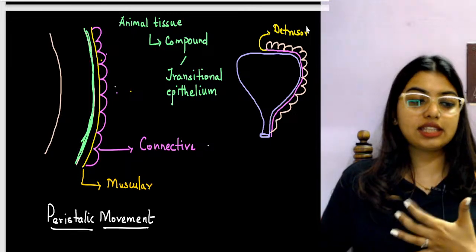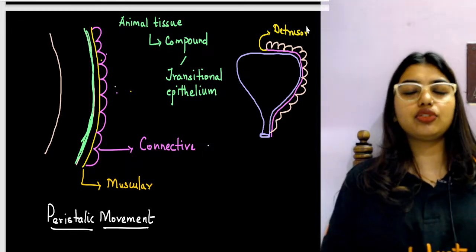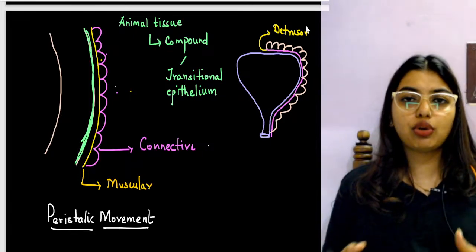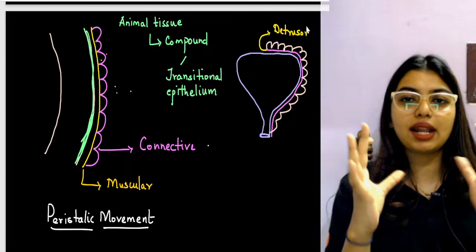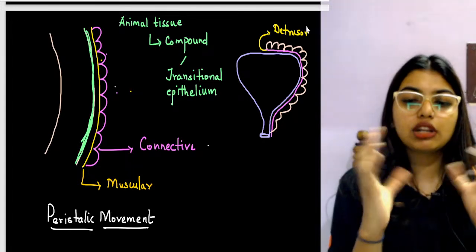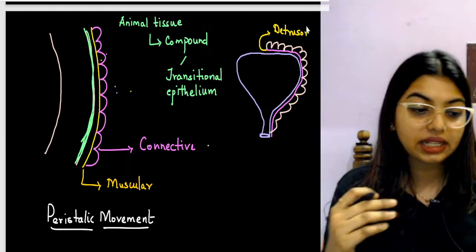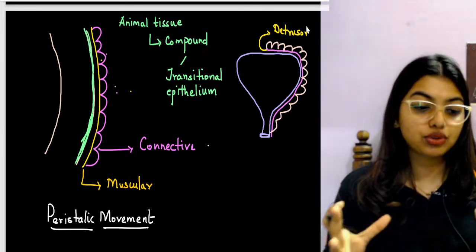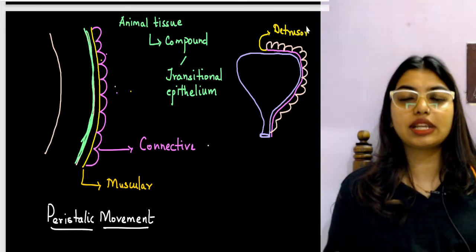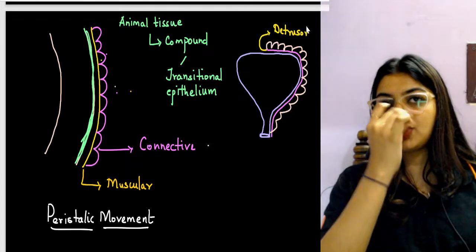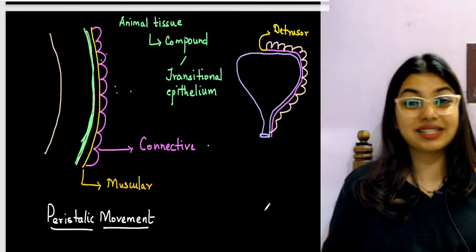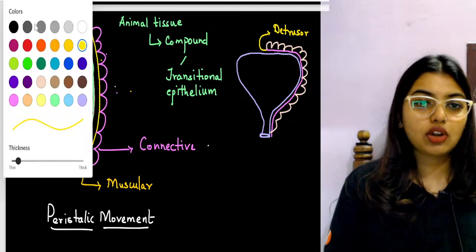So when you're feeling full, or you feel like you need to use the washroom, this urinary bladder is going to contract, and it is going to send a signal to your brain telling that this person has to expel the urine out, or micturition should happen. That is when your muscles are going to work. So that is called the detrusor muscle.